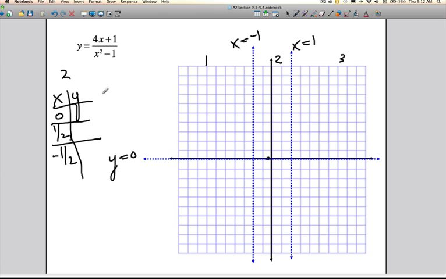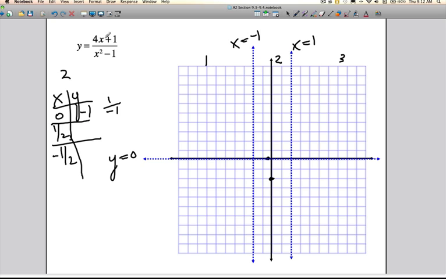So when I plug 0 into this equation, I'll have 0 plus 1, so that's 1, over 0 minus 1, that's negative 1, so negative 1. So it'll be right about here. I'm sorry, every 2 spaces, so it'd be right about there.